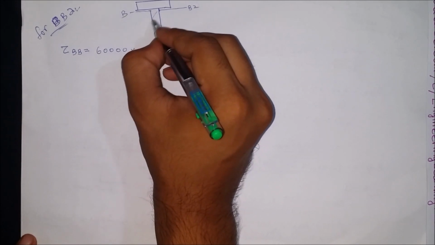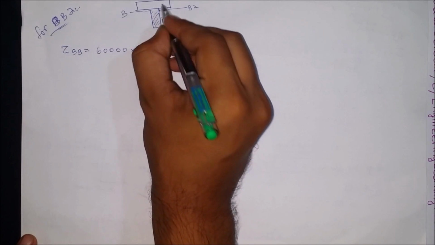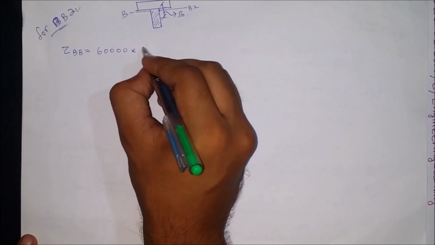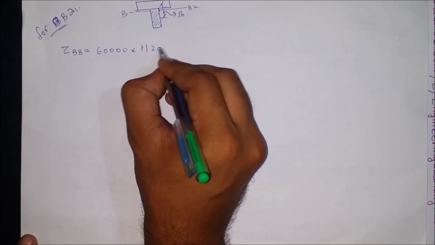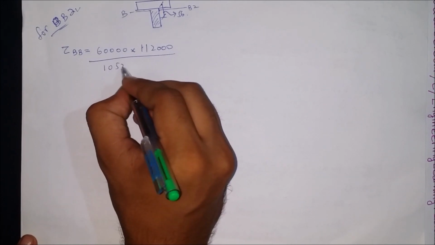QBB2 will be the same as QBB1 because the area is the same and the centroidal distance will also be 56 millimeter. The only thing that would be different is the thickness.